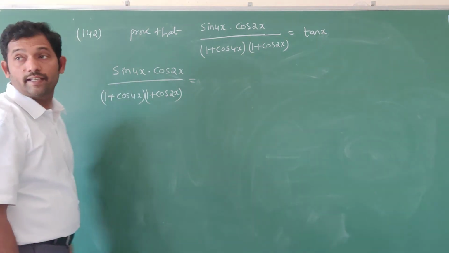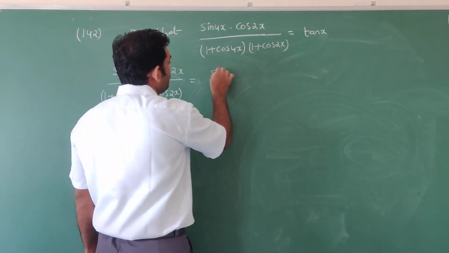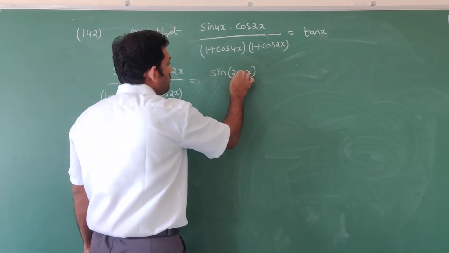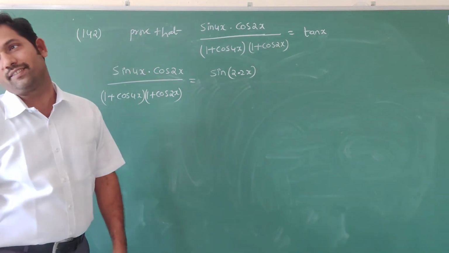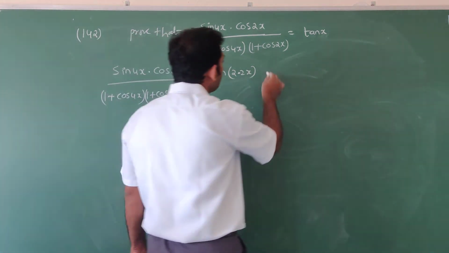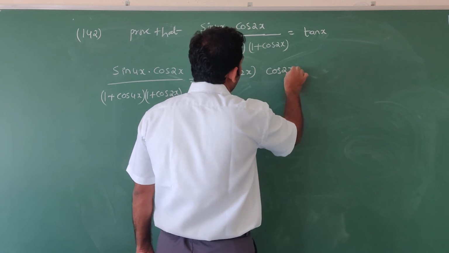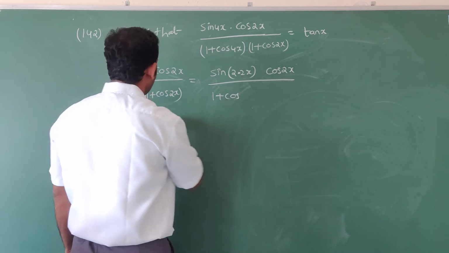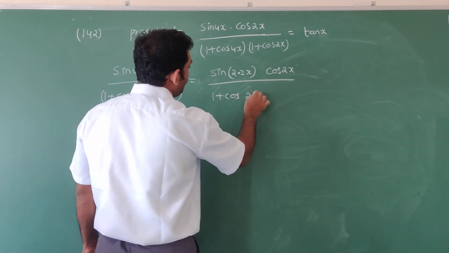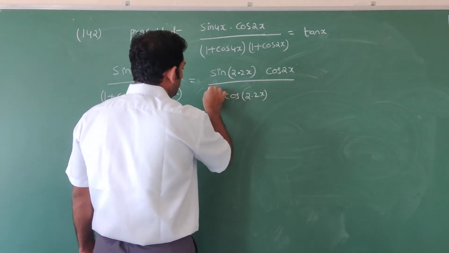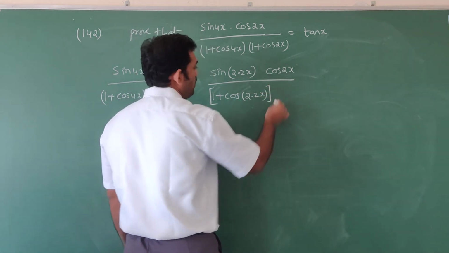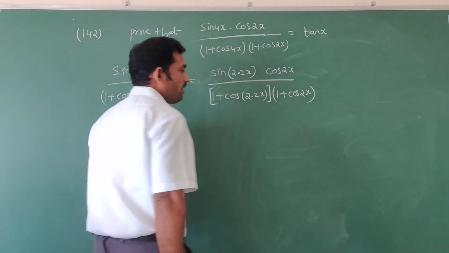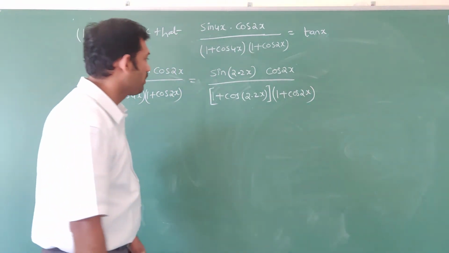Sin 4x can be written as sin 2 of 2x, which means 2 sin 2x cos 2x, times cos 2x as it is, divided by 1 plus cos 4x, which can be written as 1 plus cos 2 of 2x, times 1 plus cos 2x. Understand? We already have the formulas.